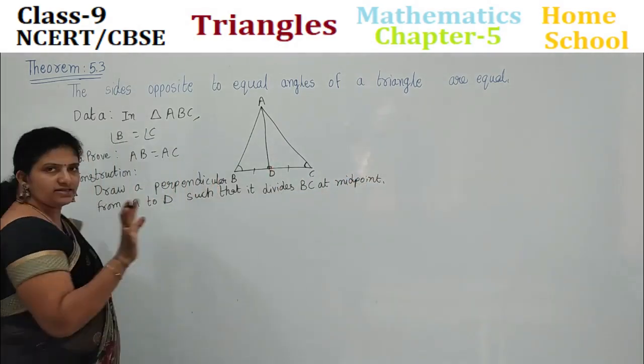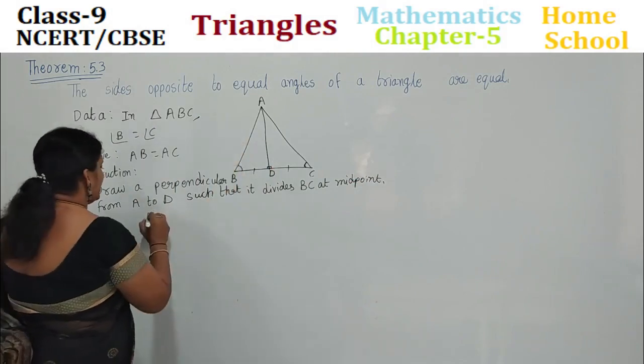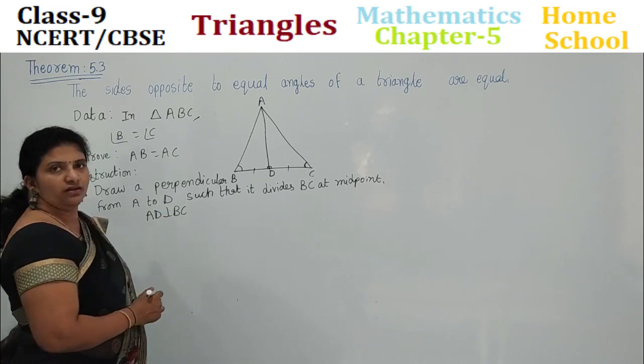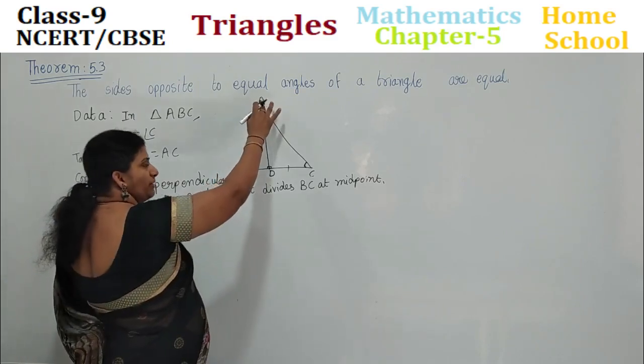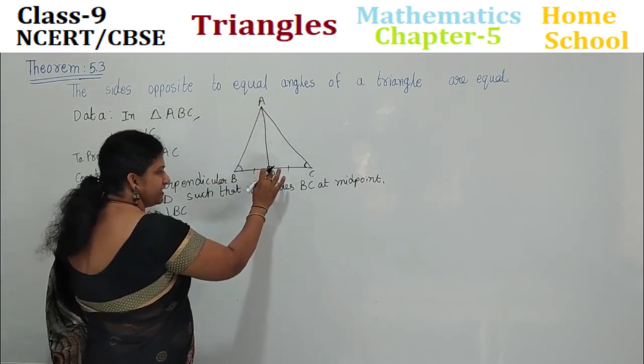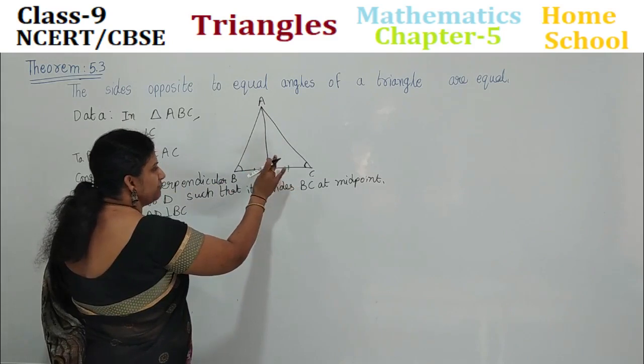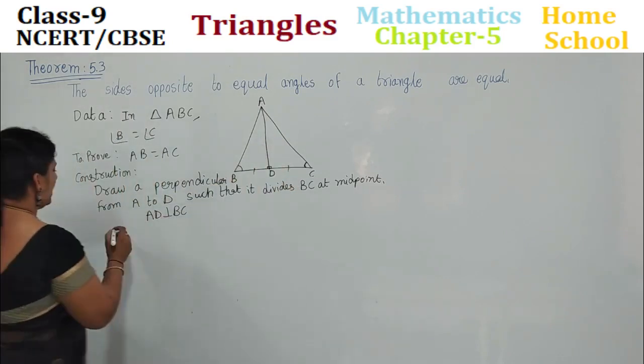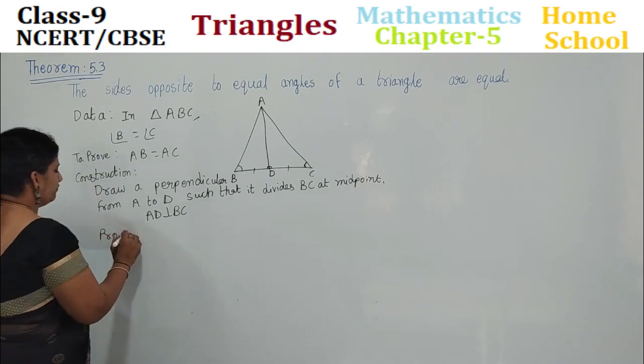So I have drawn a construction in such a way, and that is AD is perpendicular to BC. Draw a perpendicular from A to D such that it divides the base at midpoint. Now, let's start our proof.